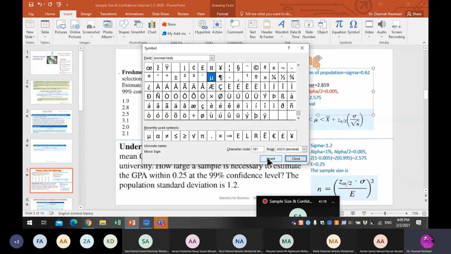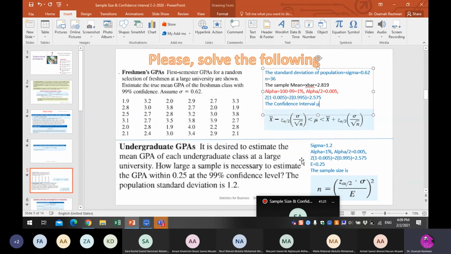Okay. So insert mu. So mu will be greater than what? Can you substitute here, please? X bar is 2.819 minus z alpha over 2 is 2.575 times sigma.